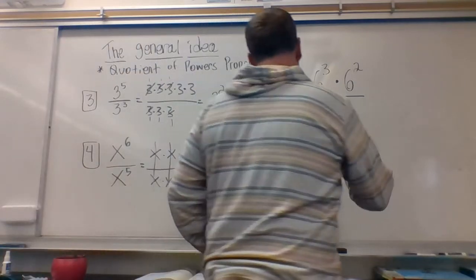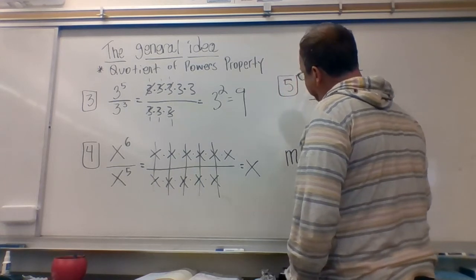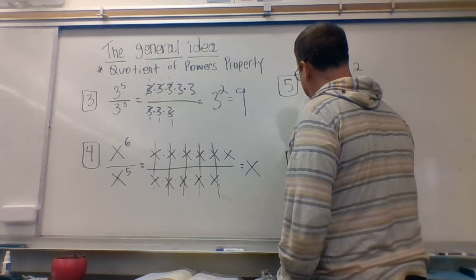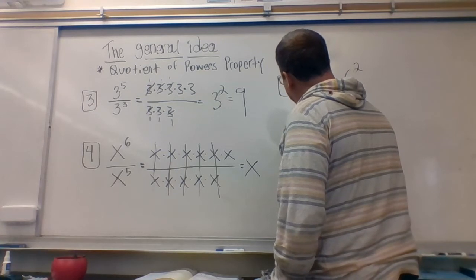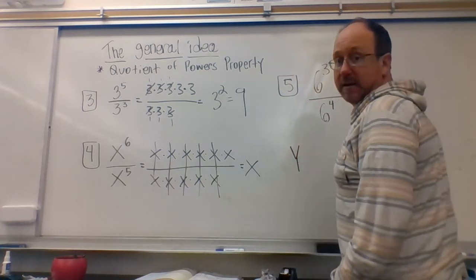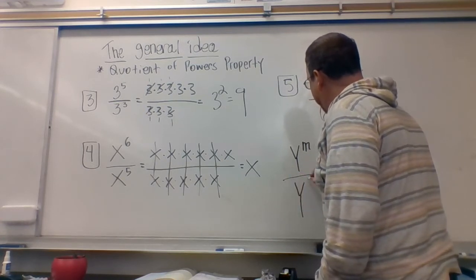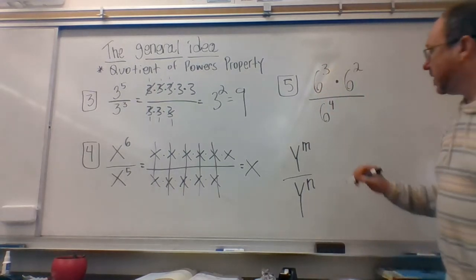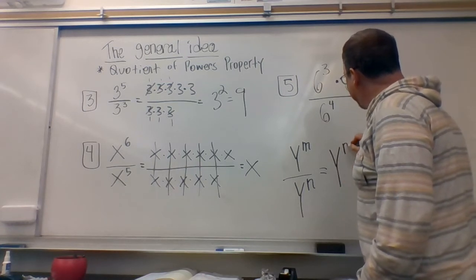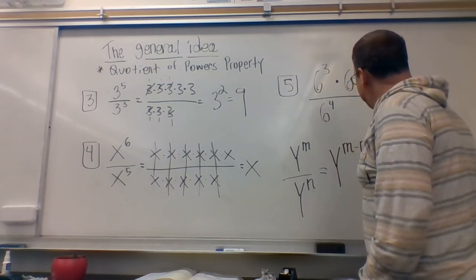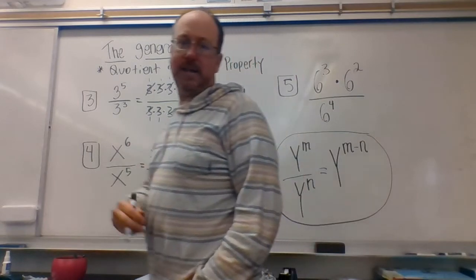And the general rule here could say if you have any variable, let's use y, to the power of anything, let's say m, and any variable y to the power of n, the general rule is you could say it's y to the power of m minus n, right? That's a general rule, the general idea, right?